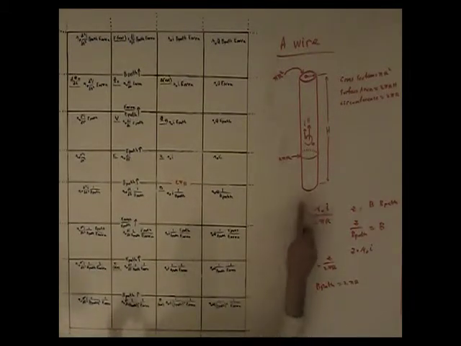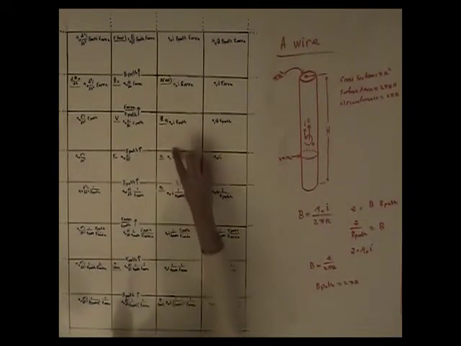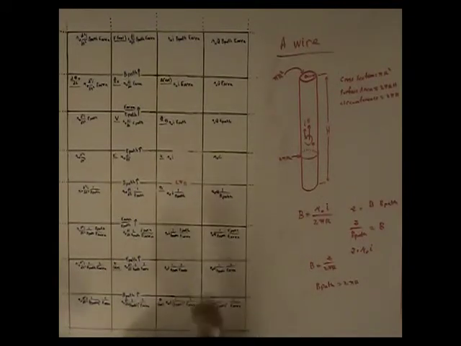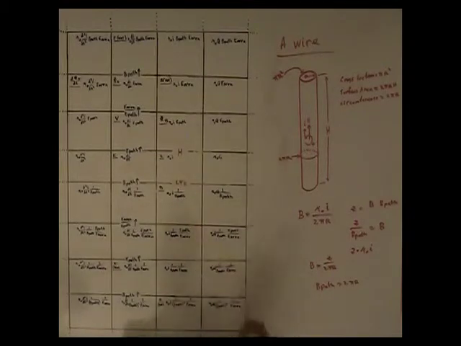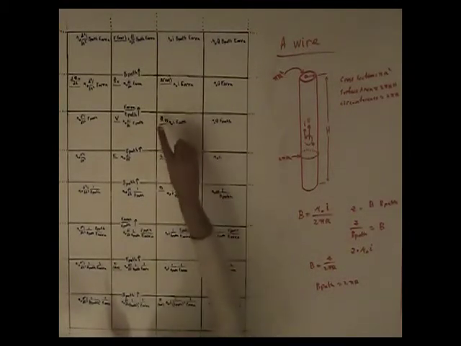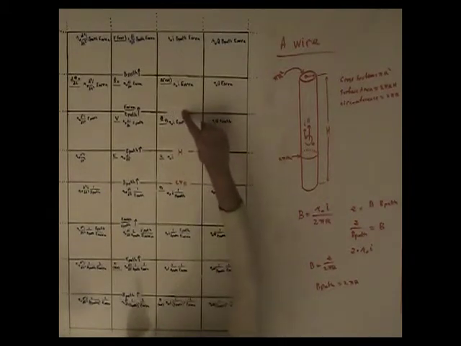And the E field, we know, runs the entire length of the wire. So our E path must be h. And then this one up here is labeled E area over E path.